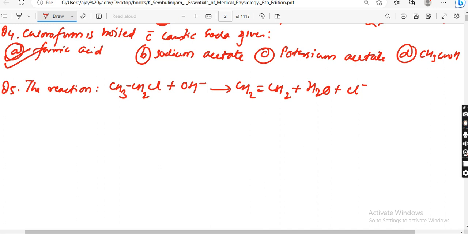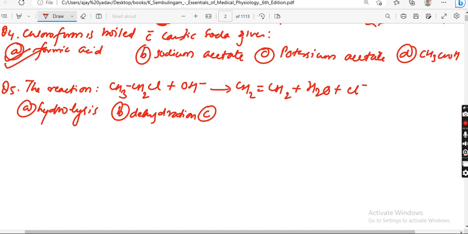The options are: A, hydrolysis; B, dehydration; C, beta elimination; and D, hydrohalogenation.